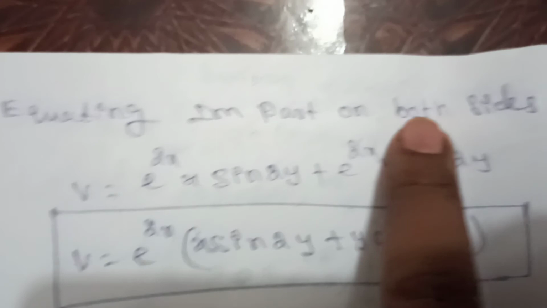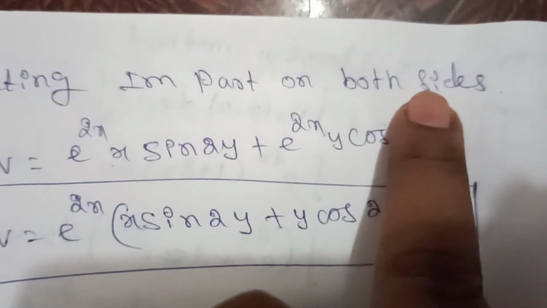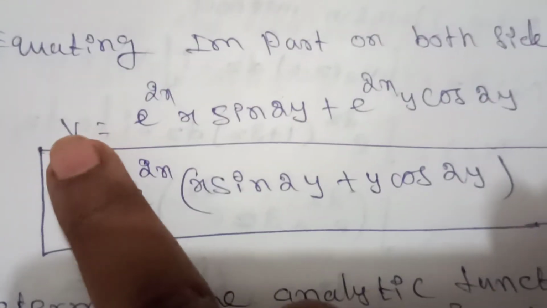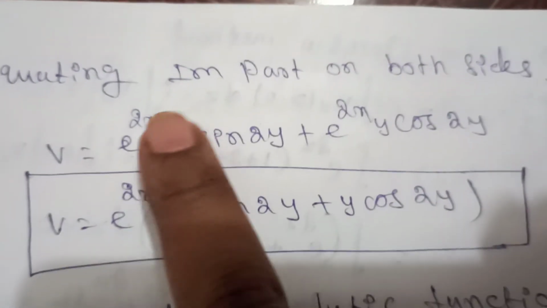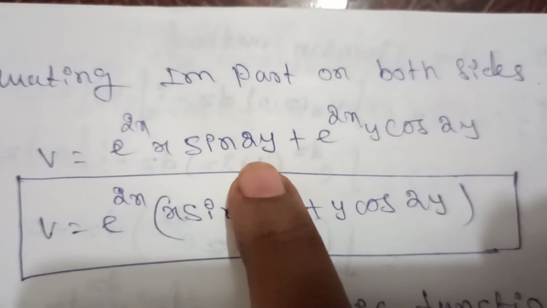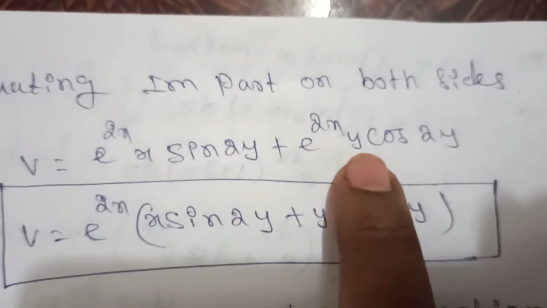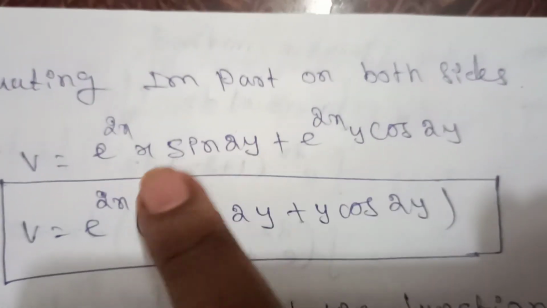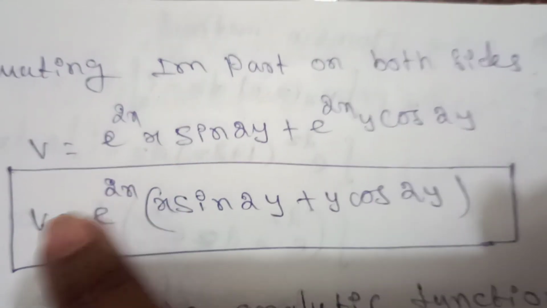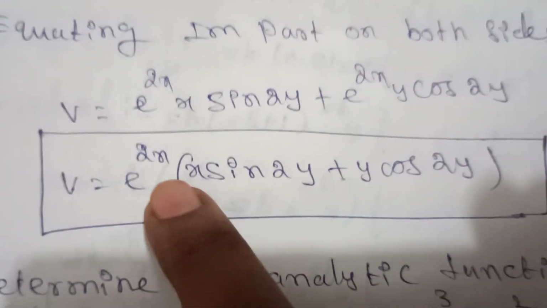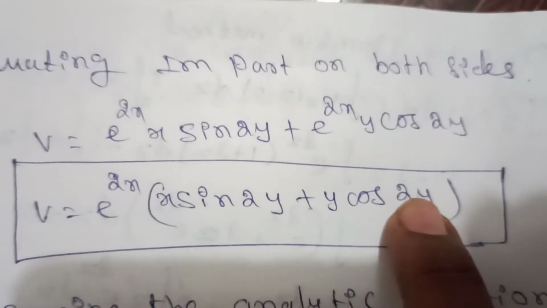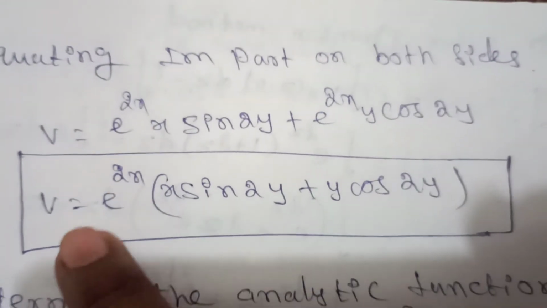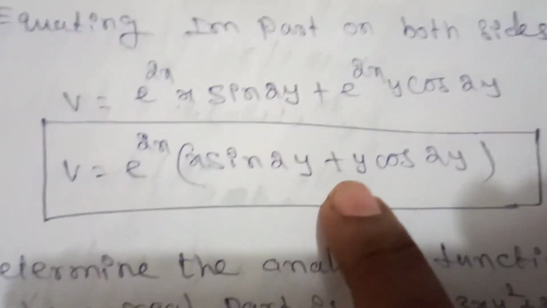So equating the imaginary part on both sides, v is equal to the imaginary part on the right side: e power of 2x into x into sin 2y plus e power of 2x into y into cos 2y. Taking e power of 2x common outside, v is equal to e power of 2x into x sin 2y plus y cos 2y. This is the answer, the conjugate v value.